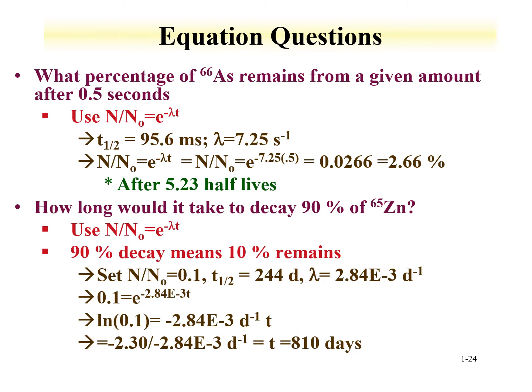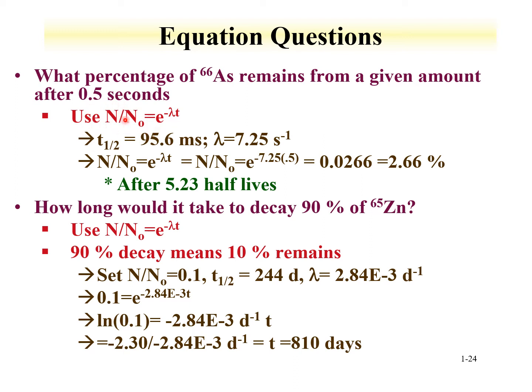Other examples of equations and reactions and decays you should be able to understand from this first lecture are shown here. So for instance, if you're given a certain isotope, arsenic-66, figure out how much of that isotope remains after a given time, half a second. So how would one do that? If just a percentage, well, use the equation where I put in N naught, that's my initial amount.